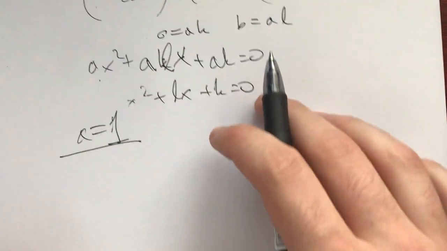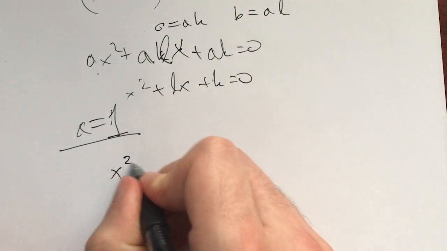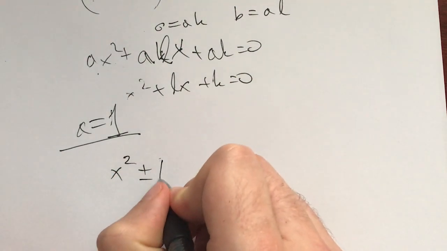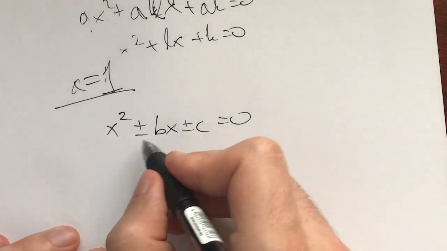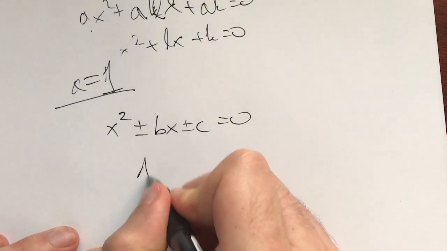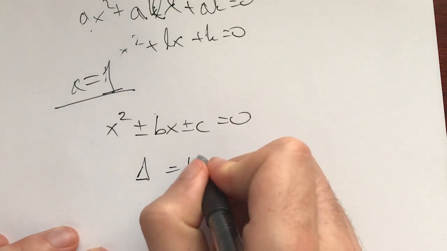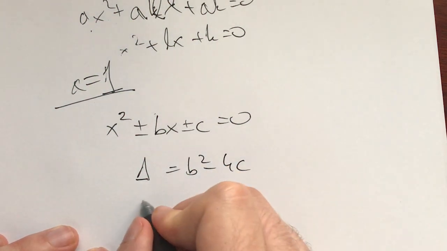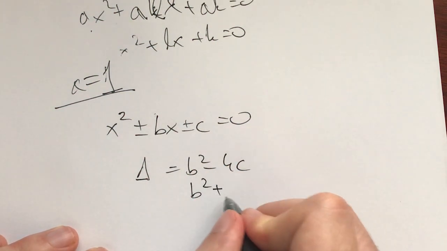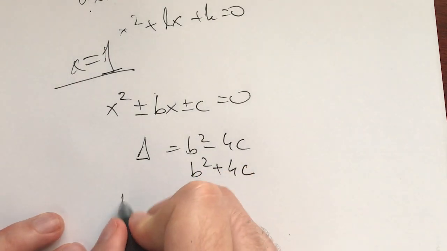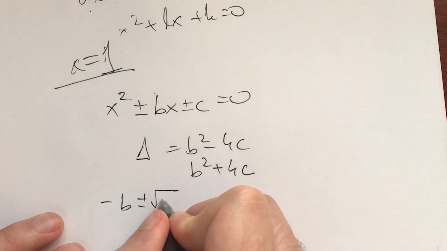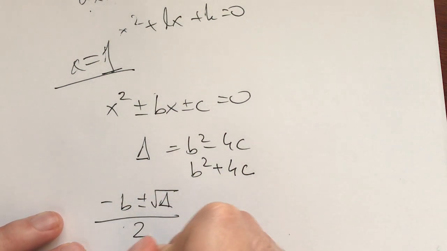Now the next thing is, okay, let's see, what do we have? x squared plus or minus bx plus or minus c equals 0. The first thing to make sure these roots are integers is the discriminant. It's going to be b squared minus 4c or b squared plus 4c. Then the roots are minus b plus or minus the square root of the discriminant, over 2.